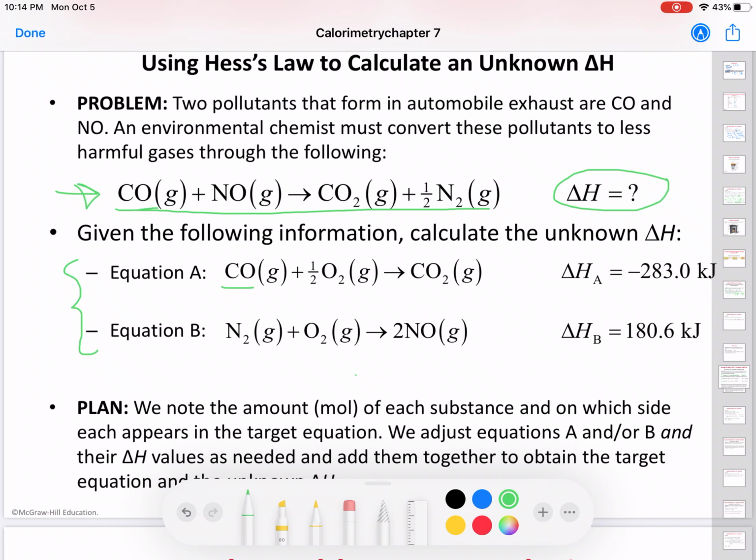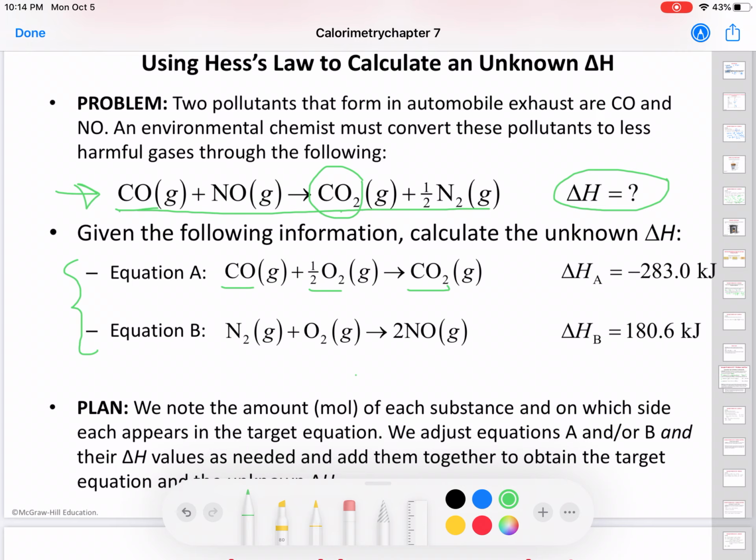Target equation also has carbon monoxide on the left side. Target equation doesn't have oxygen, but we do have oxygen. This can be cancelled later on. And carbon dioxide is on the product side, carbon dioxide on the product side. So we do not need to reverse this reaction. We can keep it like that. Also, it has the same number of moles, one carbon monoxide, one carbon dioxide. In your target reaction also, one carbon monoxide, one carbon dioxide. Let's look at equation B.